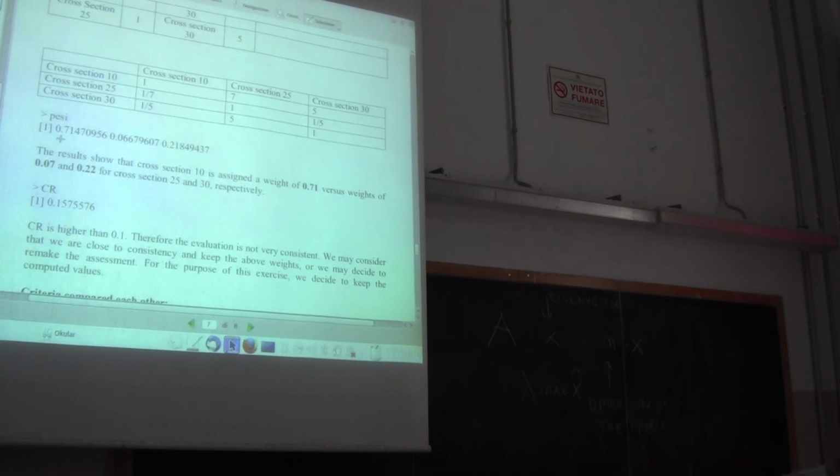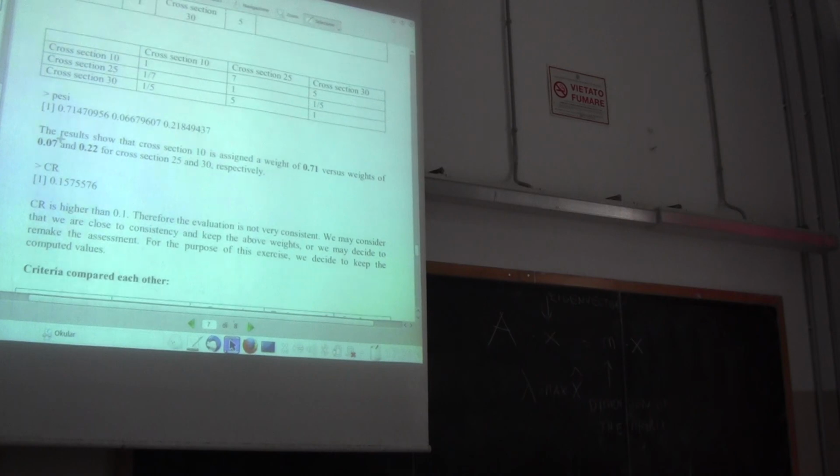They sum to 1, but they are not, strictly speaking, correct. So if you make an inconsistent evaluation, you end up with wrong weights. Of course, in this case, I can say that 0.15 is close to 0.1. I can accept it. You can easily get to values of CR of 0.9 if you play with it. It's not difficult to get a high value.